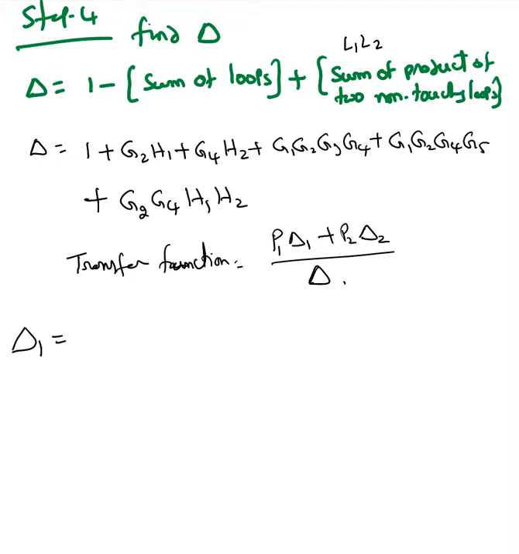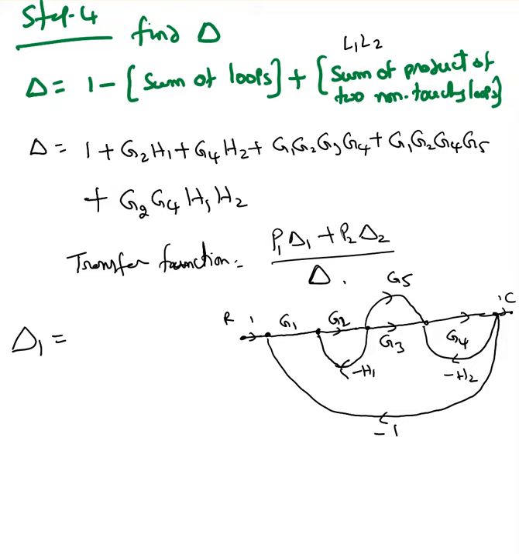Let me explain one more time how to find delta 1. Take delta and remove any element in it which is touching path 1, either any one of the paths or any node. You have to have 1 there. Z2H1, Z2 is touching, so eliminate that.